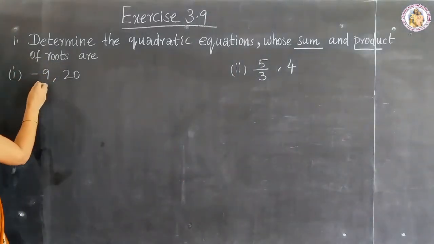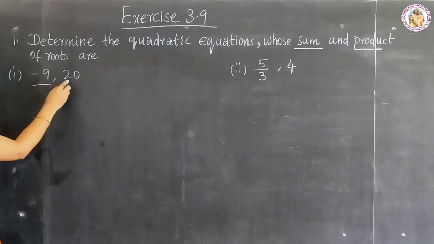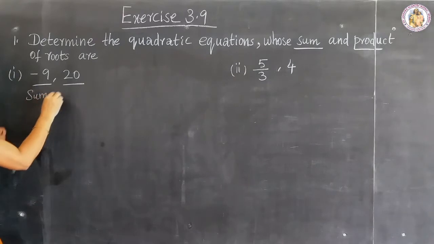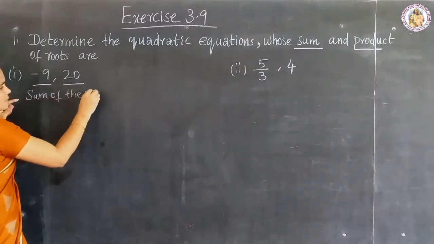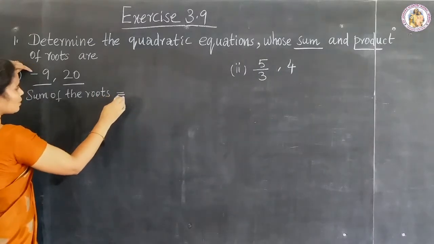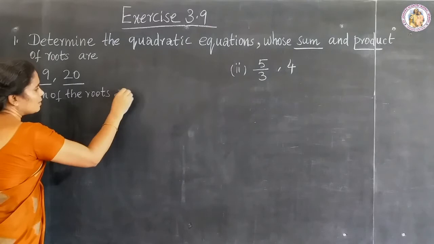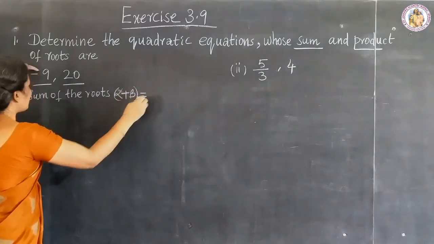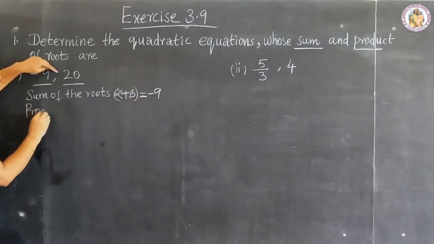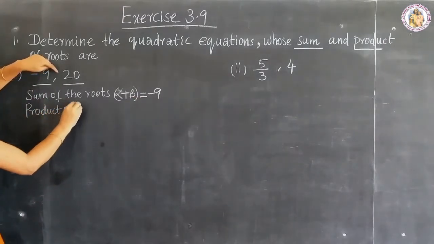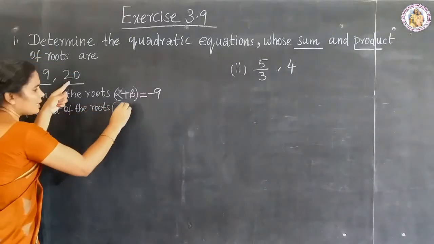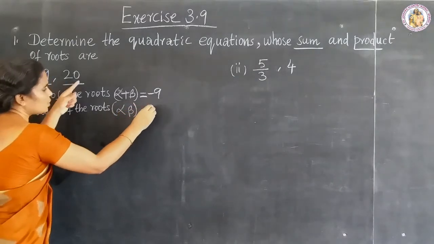Here, the first one is minus 9 as the sum of the roots and 20 as the product of the roots. So the sum of the roots, alpha plus beta, is equal to minus 9, and the product of the roots, alpha into beta, is equal to 20.